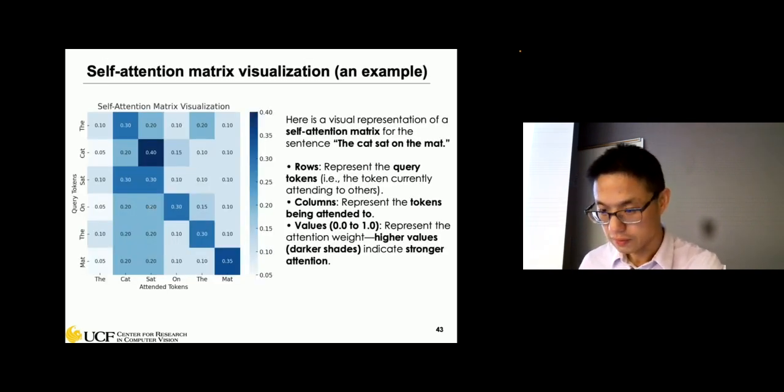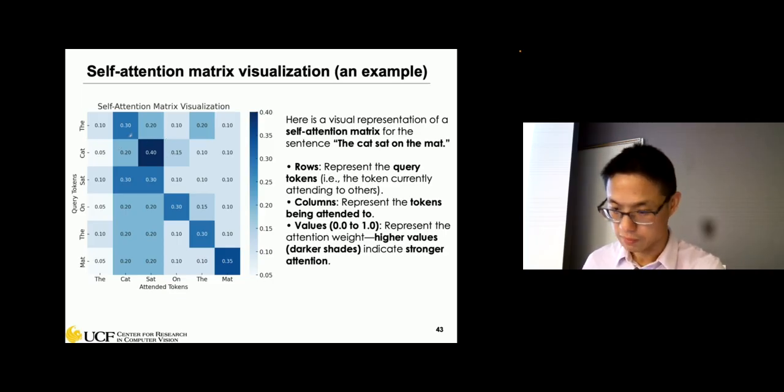So now let's visualize these attention matrices, to see what they may look like and what each attention value tells us. Here I made a very simple, dummy example. We have the sentence "the cat sat on the mat" and we want to compute the self-attention.